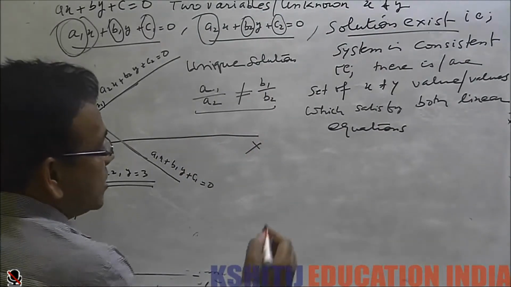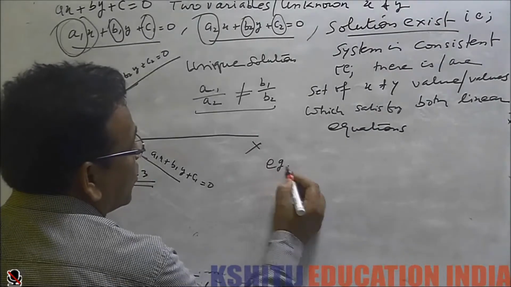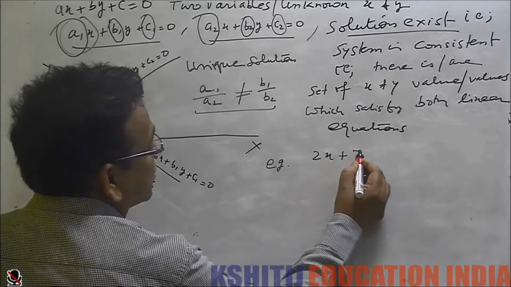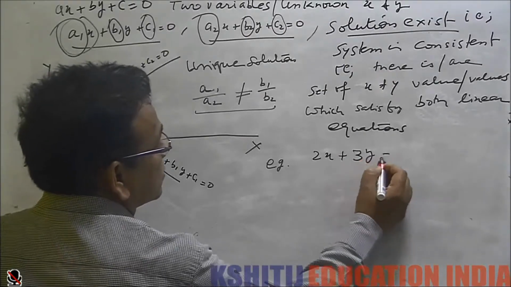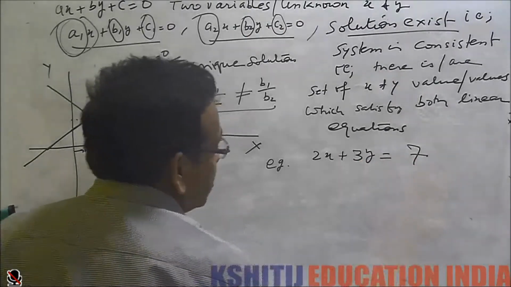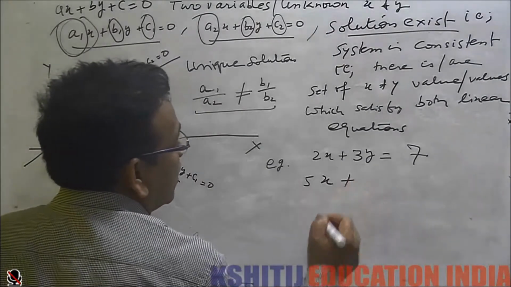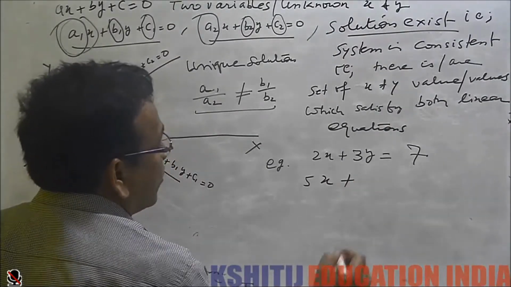It means we can have equations like this: 2x plus 3y, and so on.